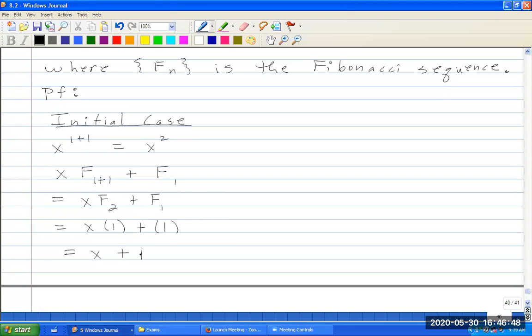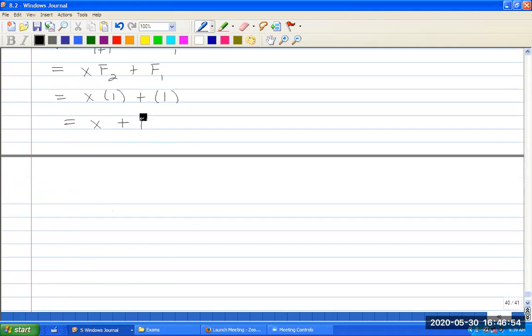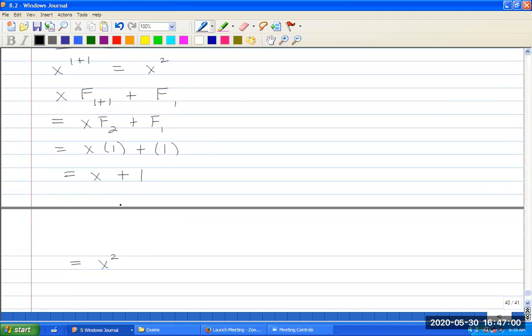But we assume that x squared is equal to x plus 1. So this is x squared. And so I have that this is equal to x squared.